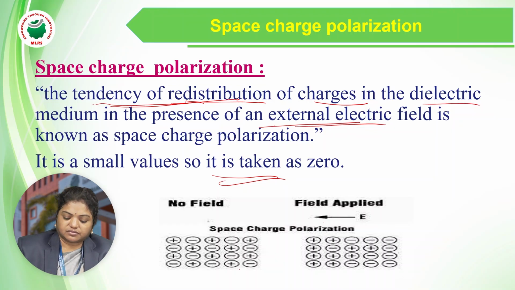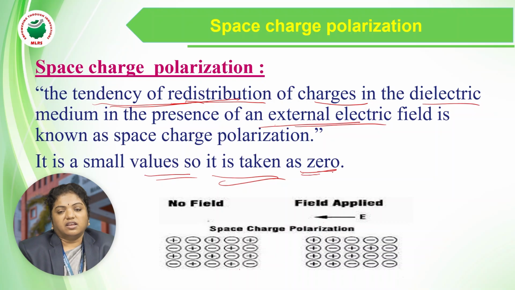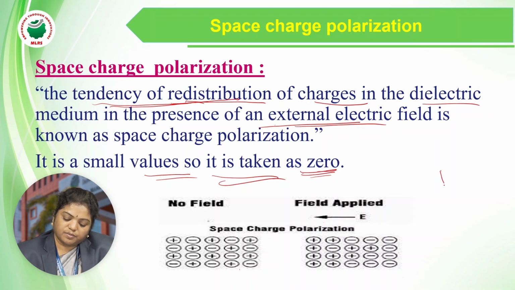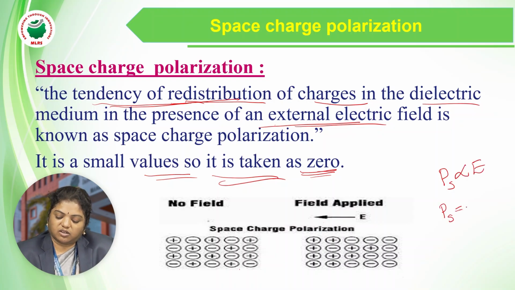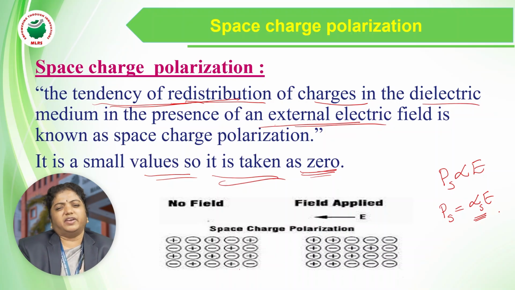In space charge polarization, the value is taken as 0. Why? Because P S is directly proportional to E. We remove the proportionality and get the constant, that is P S equals alpha S into E. This alpha S value is very small, so it is negligible.